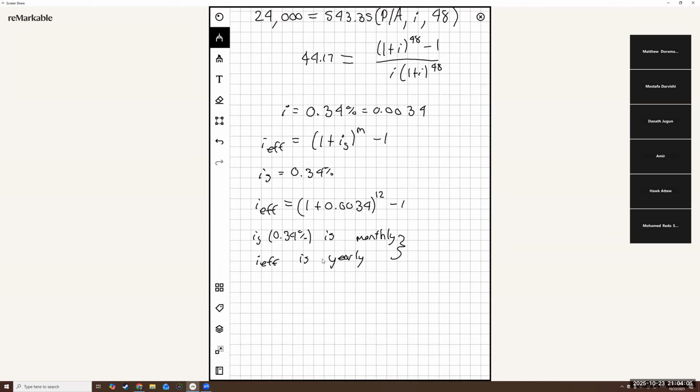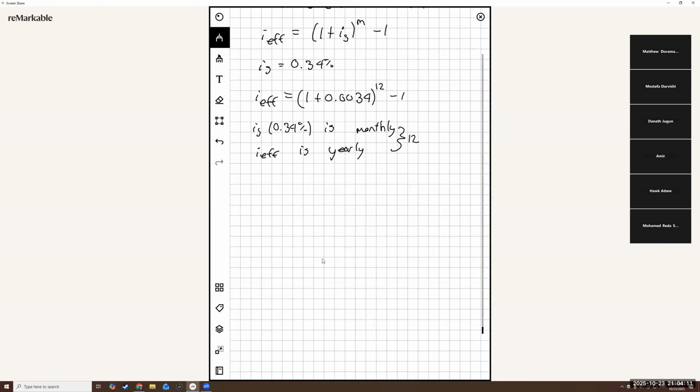So how many months in a year? 12. That's your m value. Okay, you can make this calculation now and you get a 4.16% interest rate. That is your effective interest rate.